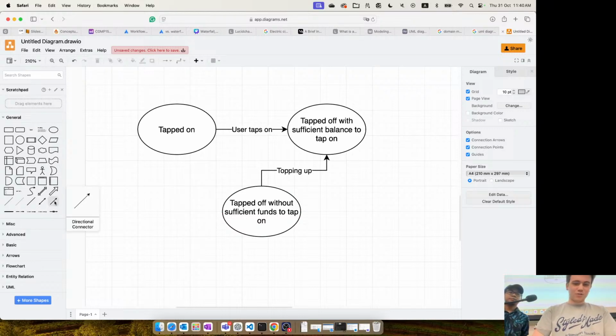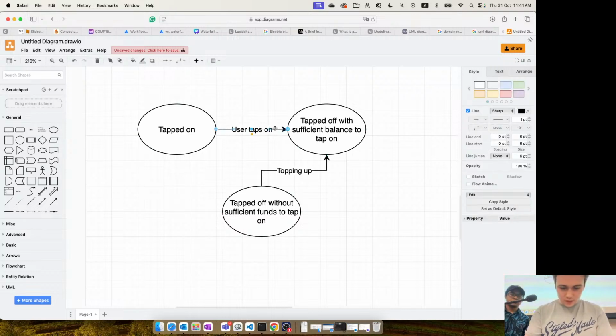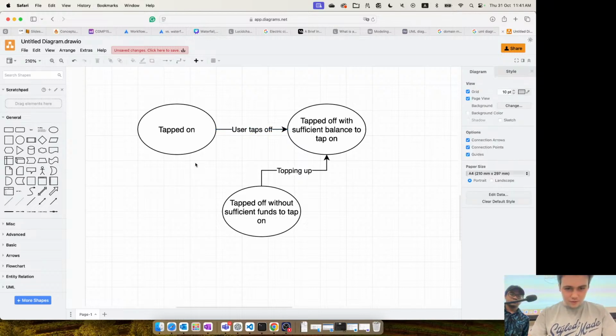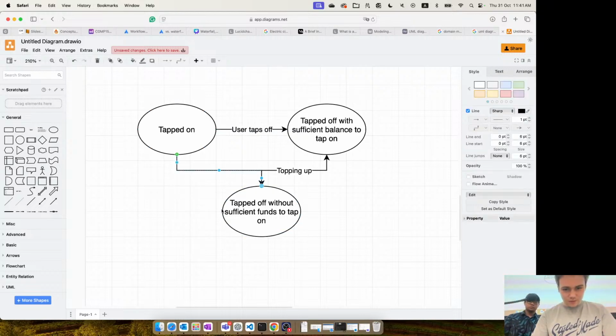You can also top up the card and end up still without sufficient funds, though. Whatever, I'll just leave it like that. So tapped on, that should be user taps off. User taps off can also lead to this state, though.